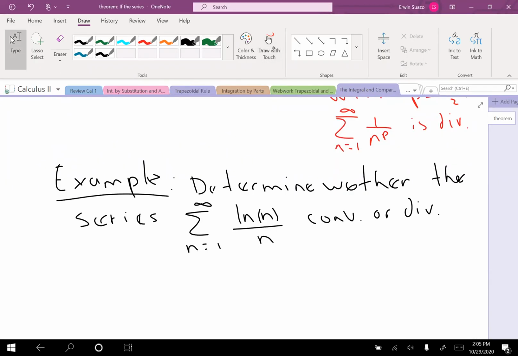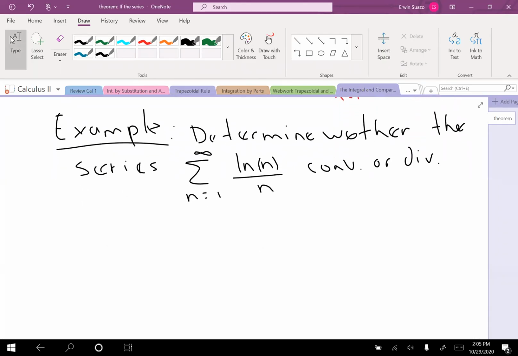Before doing anything else, we need to check that the function associated to this series is continuous, positive, and, the most important thing, decreasing.